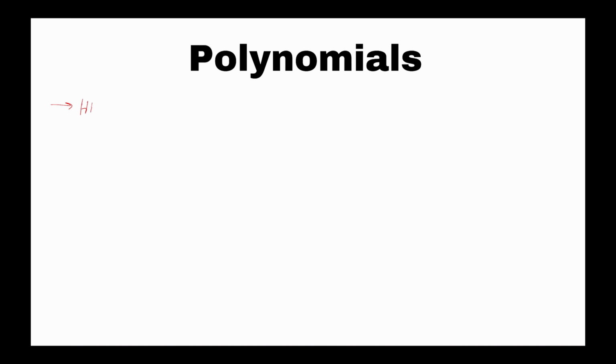The highest power is called the degree of that equation, or it is also known as the order of that equation, or we can call it the function or the polynomial. So this is an important thing that you must remember.